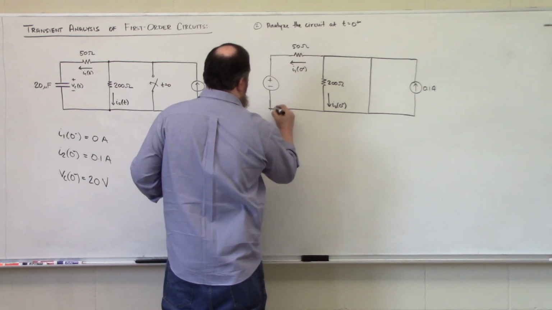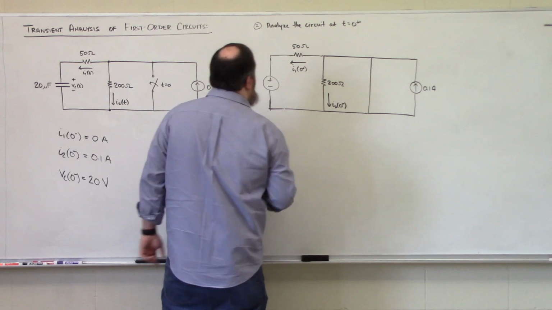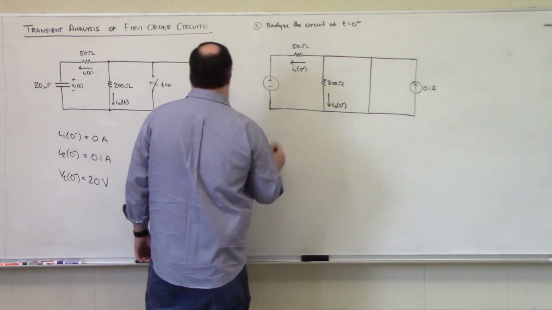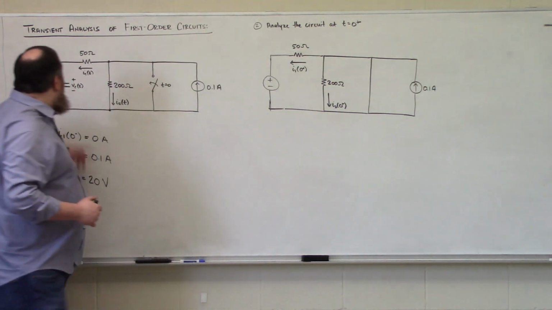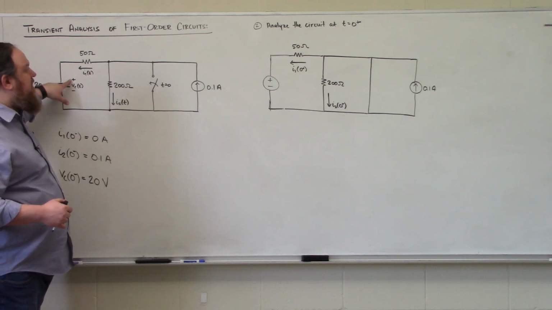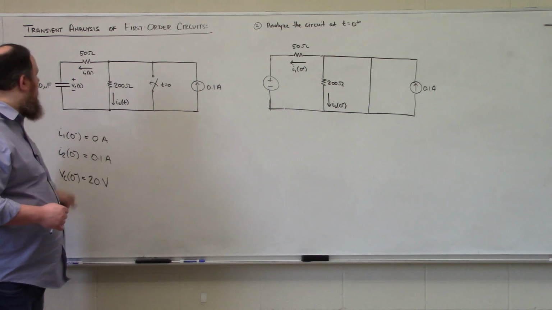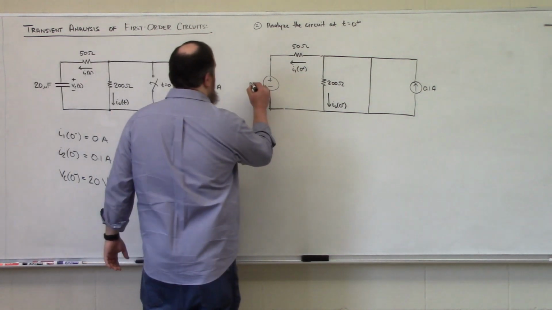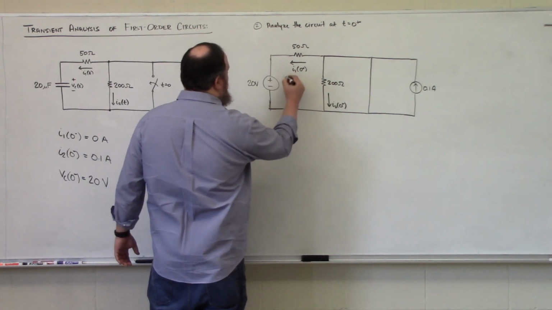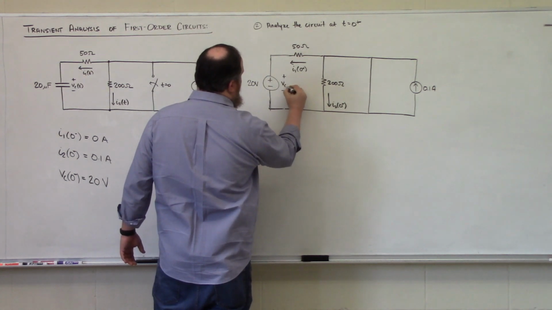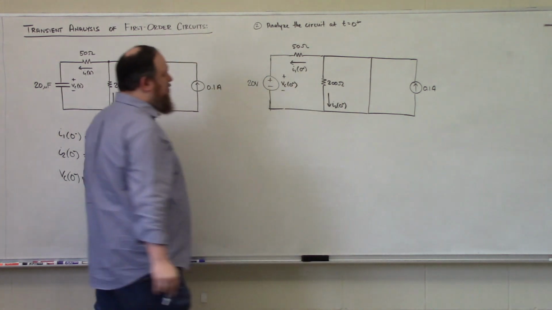So here's my representation of a capacitor at t equals 0 plus, where it will have the same polarity that I had as defined before, so positive polarity on top, and the voltage will be 20 volts, plus minus, VC at 0 plus.